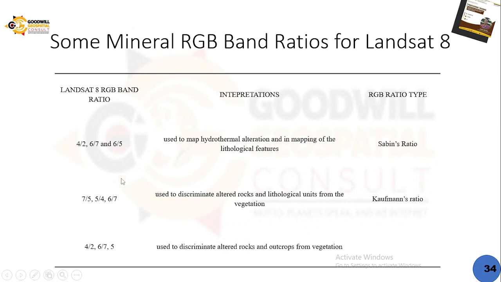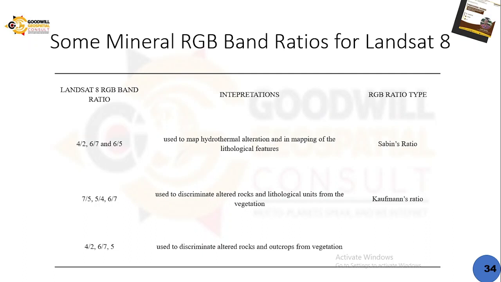So these are also other ways. Now we also talked about RGB, where we combine bands, we stack bands together. These band ratios, band 4 over band 2, band 6 over band 7, band 6 over band 5, we can stack them together, combine them together to give us a composite effect.